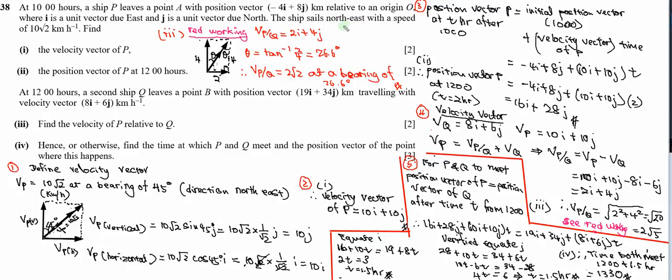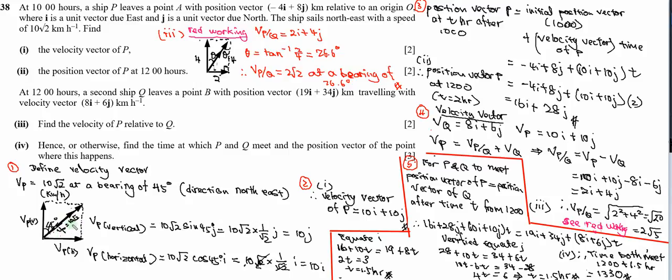Northeast means at a bearing of 45 degrees. The question asks for the velocity vector of P. That means you want the velocity to be split into two, one in the i and one in the j direction. So let's draw out the velocity vector diagram.